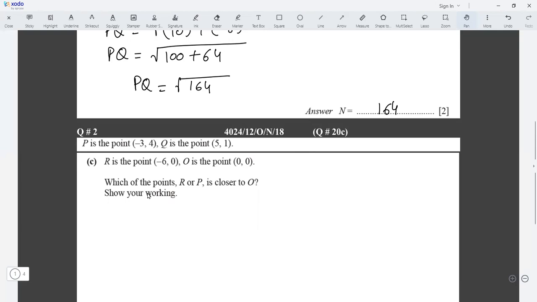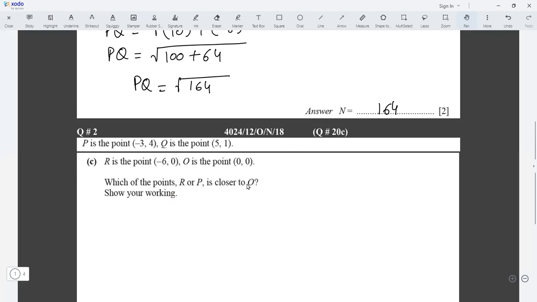What is being asked is whether R or P is closer to point O. So we have to find the distance of R with O and P with O, and then check which one gives the lesser answer. The lesser answer will be the point closer to point O.